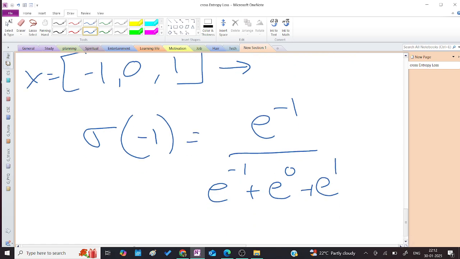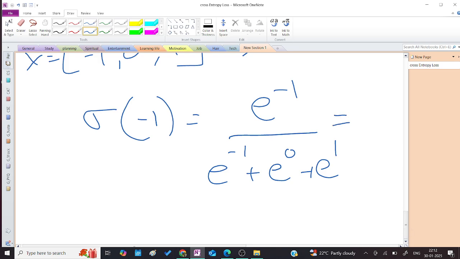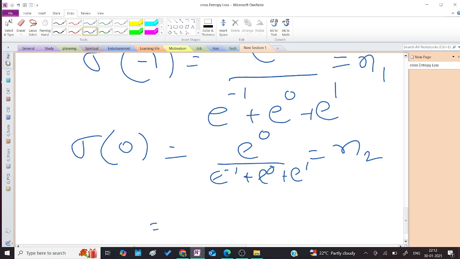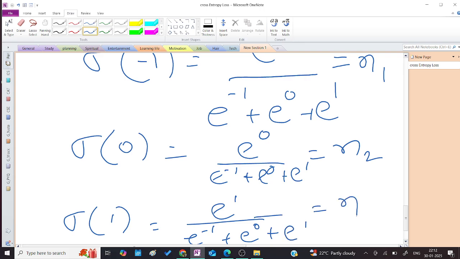Okay, so this will be a number, suppose n1. Similarly, for 0 it will be e to the power 0 divided by the same sum. Suppose this is n2, and n3 will be e to the power 1 divided by e to the power minus 1 plus e to the power 0 plus e to the power 1. That is n3, right?